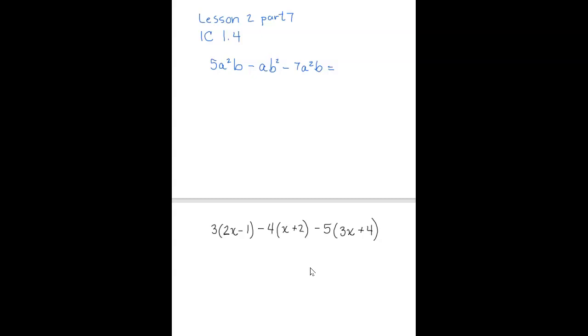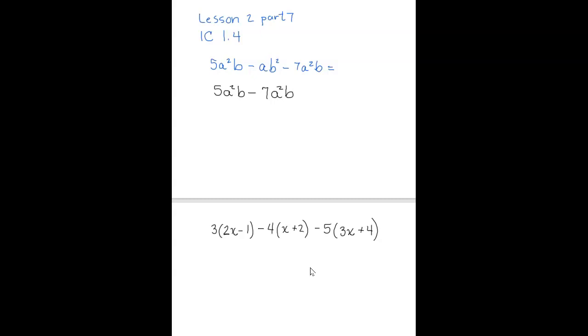Now I'm going to take the little baby steps along the way so that everybody can see exactly what's happening. You could probably just jump to the next step beyond this, but I want to take all the little baby steps so that it's real clear what's happening. So 5a squared b minus, I'm keeping my negative sign with this, minus 7a squared b.